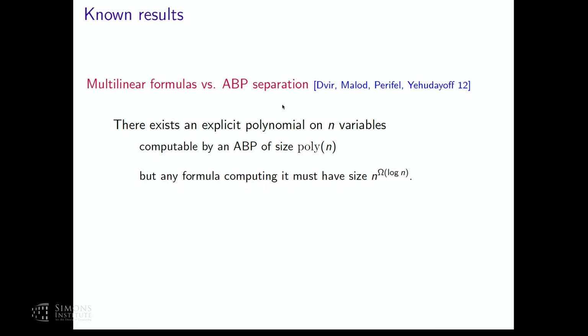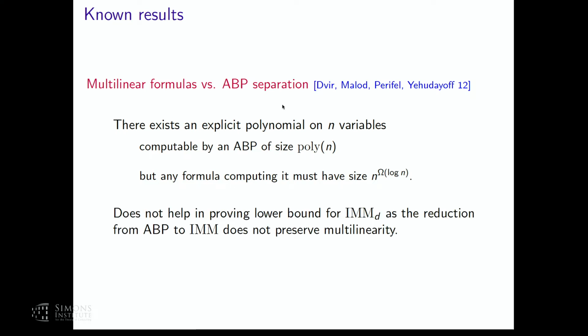Now one may be tempted to deduce a lower bound from the ABP lower bound and the IMM lower bound, because ABP kind of reduces to IMM. Unfortunately, if you stare at the reduction, it breaks the multilinearity. You may have to substitute the same variable multiple times when you go from an ABP to an IMM instance. So as a result, you don't recover a lower bound for the IMM polynomial itself.